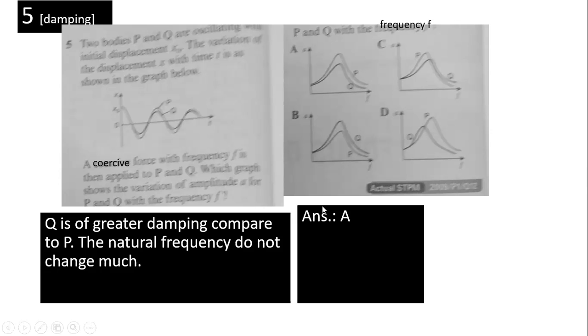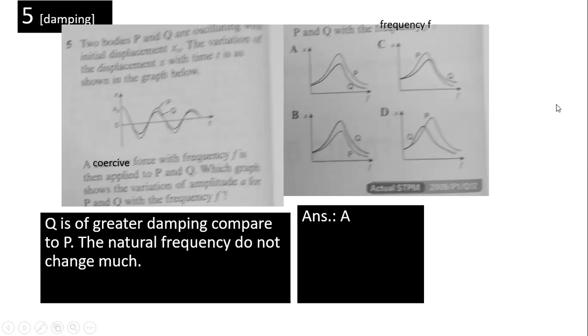Q is of greater damping. Okay, I think the best is A, or shifted slightly to the left. Right, the amplitudes shouldn't touch each other.